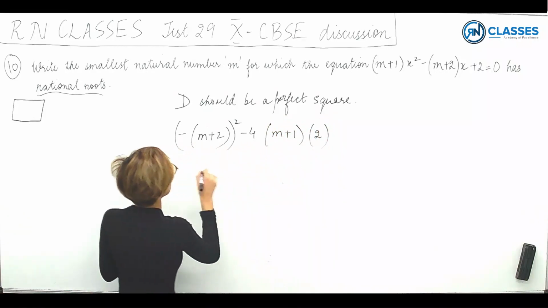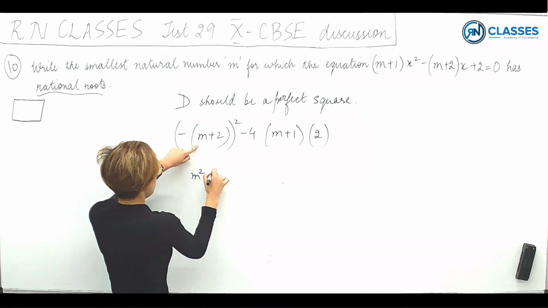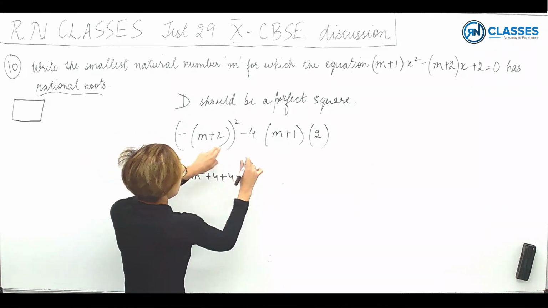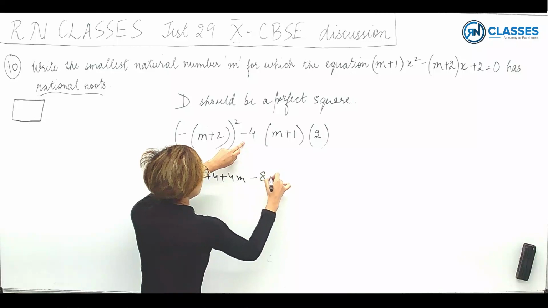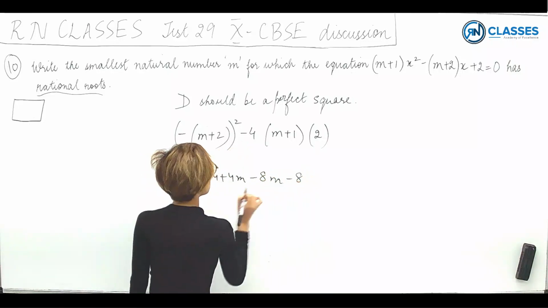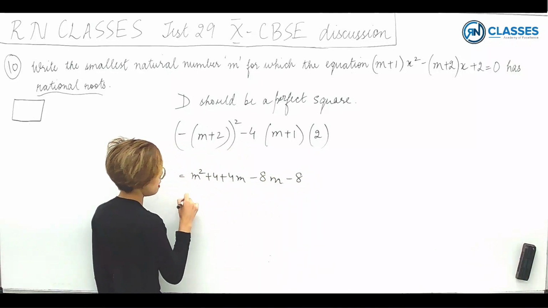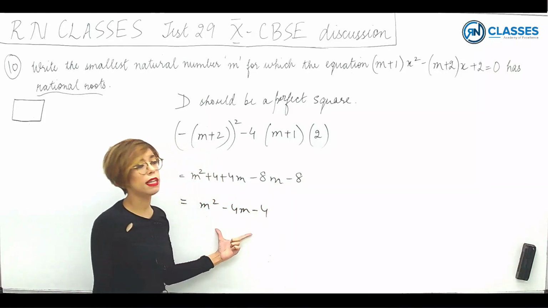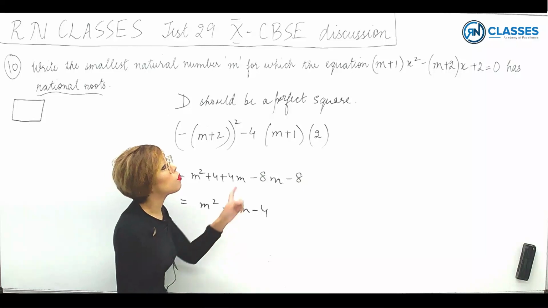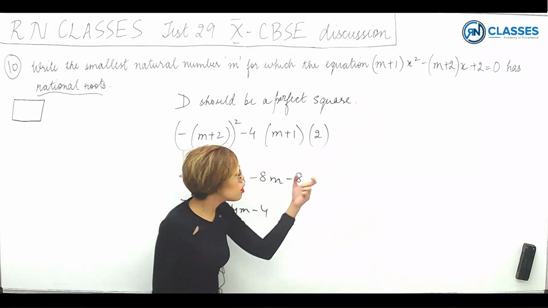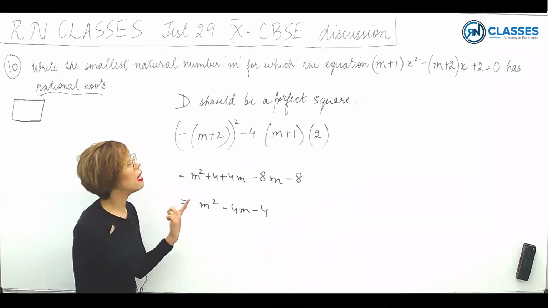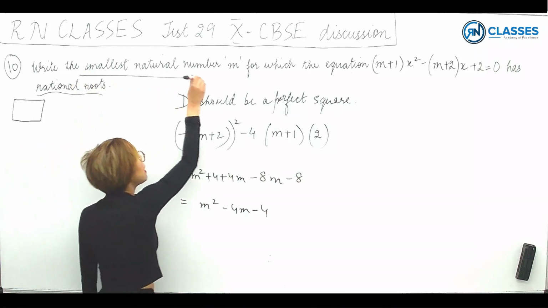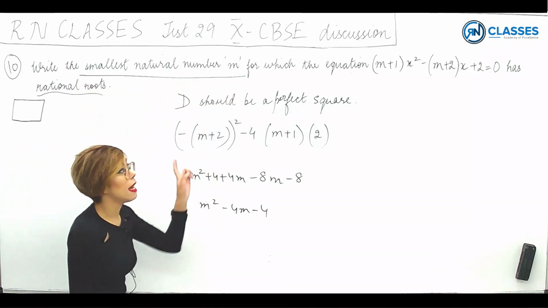Now let's see. This becomes m square plus 4 plus 4m minus 8m, minus 8. So basically, I'll get my discriminant as m square minus 4m minus 4. This is my discriminant. Now, if I want the equation to have rational roots, this should be a perfect square. And he says, write the smallest natural number m for which it has rational roots.